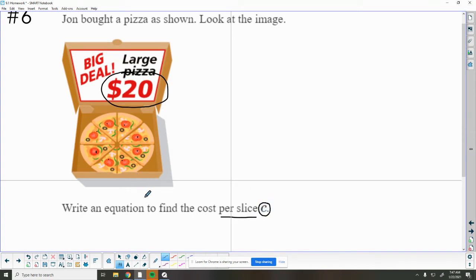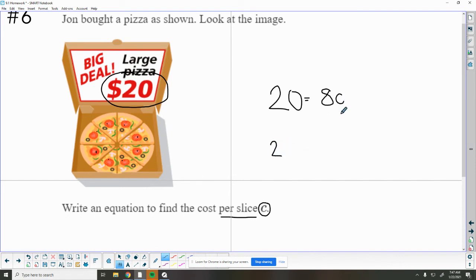So how much was the total pizza? So our total was $20. And we want to find the cost of one slice. So we need to know how many slices we have. So we have 8 slices, and then we would multiply that by C.